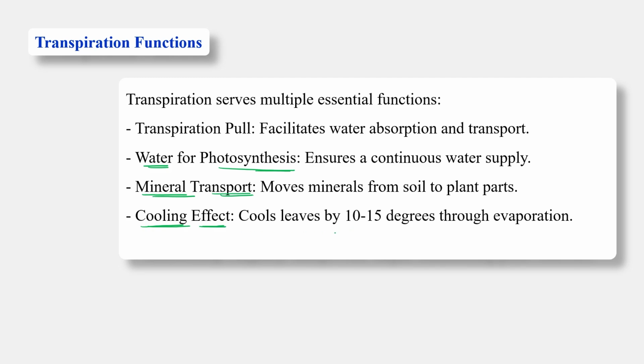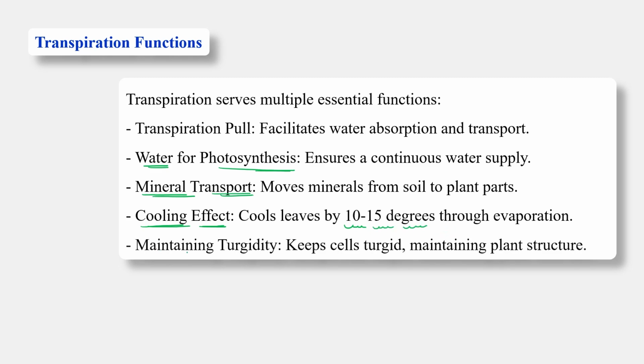And this cooling effect is the main effect of transpiration, because water is lost through evaporation, so it cools the leaf by 10 to 15 degrees. And transpiration maintains turgidity, keeping cells turgid, which is mainly responsible for maintaining the shape and growth of the plant structure, right?